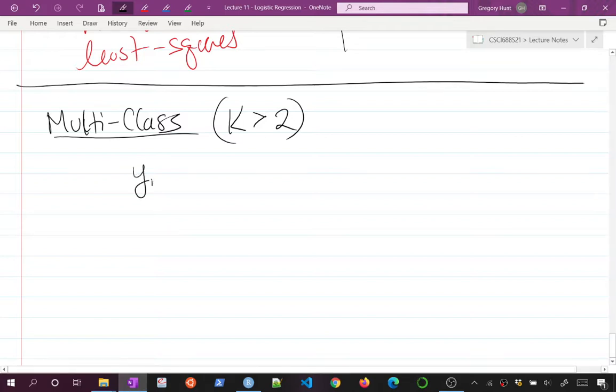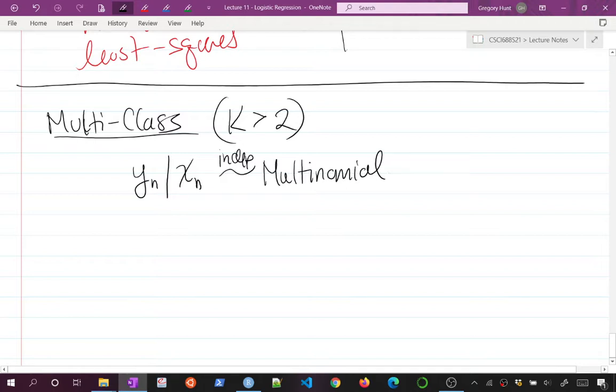One way you can view it is that I'm going to model my y_n given my x_n, again, as being independent. But instead of having a Bernoulli distribution, which can take on 0 or 1, we are going to model it as what's called a multinomial distribution.